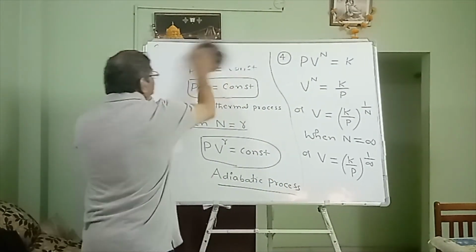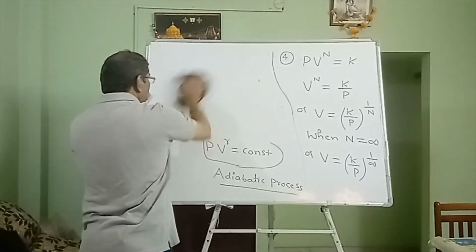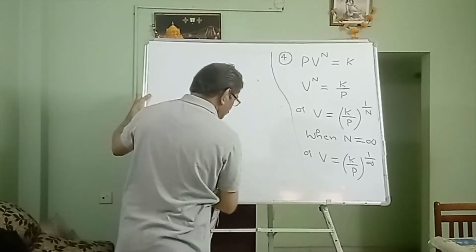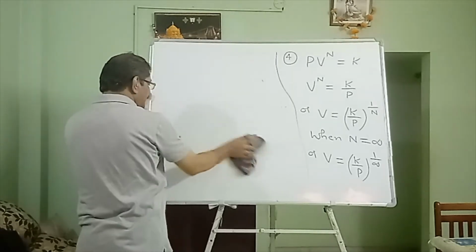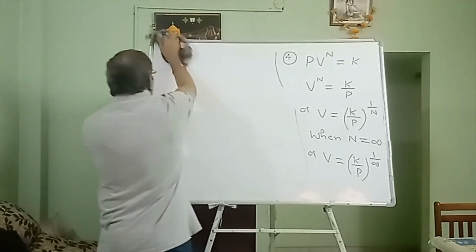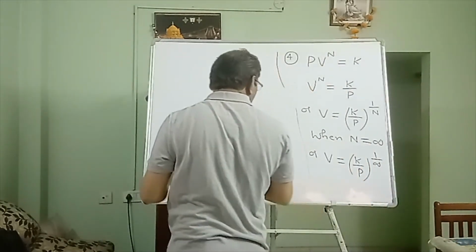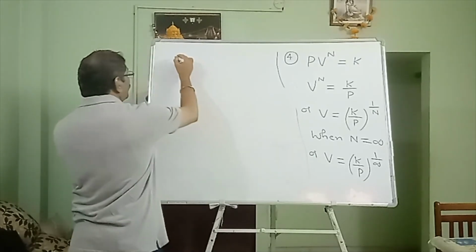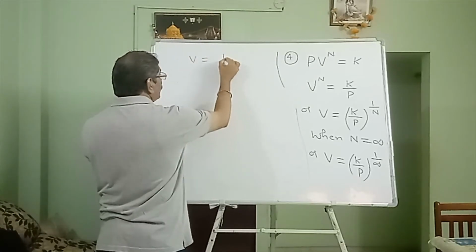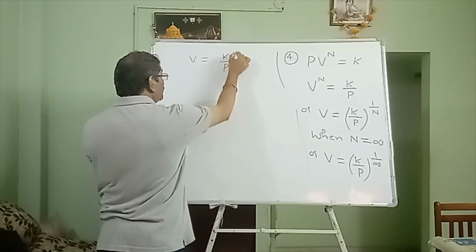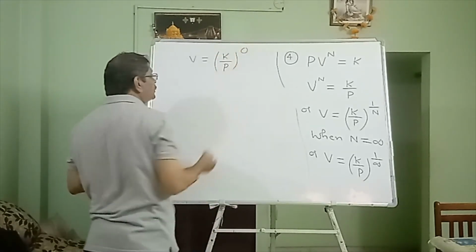So therefore volume will be numerically equal to K by P, whole power 1 by infinity, which is 0.